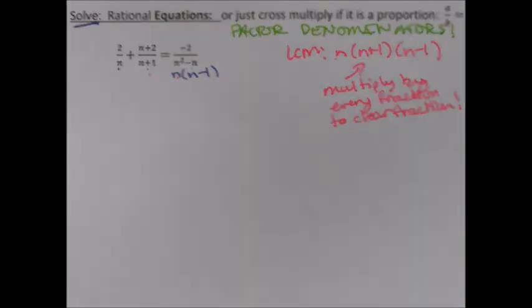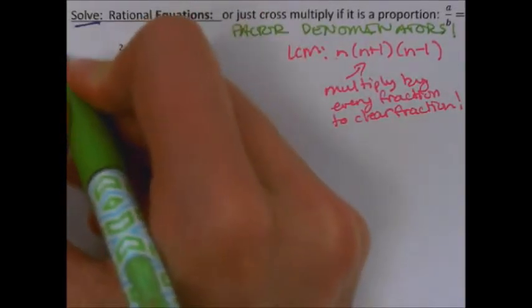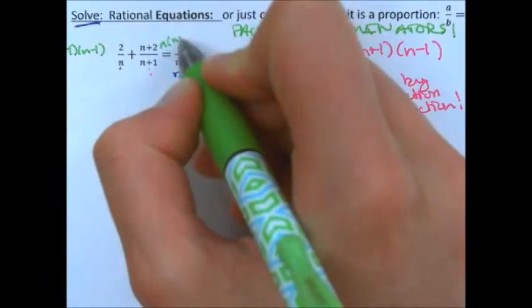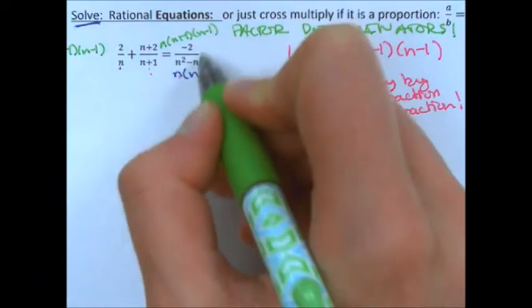All right, so we're going to do n times n plus 1 times n minus 1, n times n plus 1 times n minus 1, n times n.